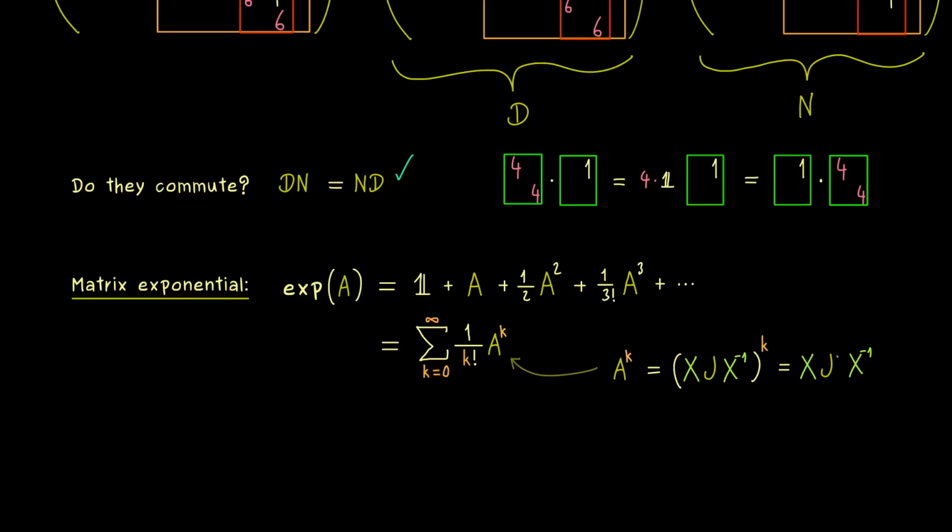So what essentially remains is just X times J to the power k times X inverse. And since this calculation works for the whole sum in the matrix exponential, we can use it immediately. So we have X times the exponential of the Jordan normal form J times X inverse, so our matrix exponential here is transformed in the same way as A.